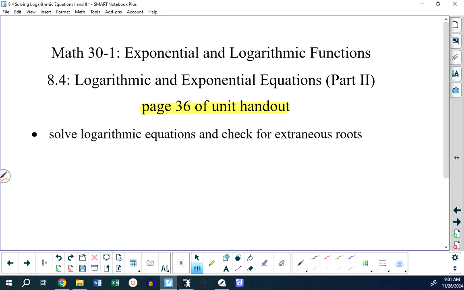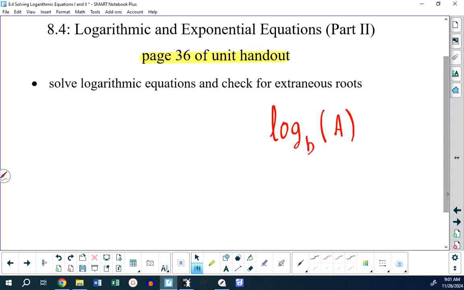And the restriction in terms of today's content is that if you have a logarithm, and it doesn't matter what base it is, of some argument, that argument must be greater than 0. You cannot take the logarithm of 0, and you cannot take the logarithm of a negative. We've talked about this before, but briefly, just to cover our tracks again, if I say what is the base 2 logarithm of 0, then I am asking you to find a number to which 2 is raised to give 0.